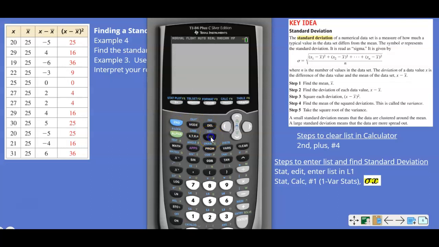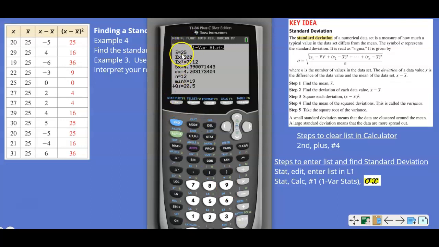Then I'm going to go back to Stat, and this time I'm going to calculate. We've done this for linear and quadratic regression and different types of regression, but now we're going to do number 1, 1-Var Stats. That's going to give us our mean and our standard deviation. You can see it's pulling from list 1, and it's going to give us a whole bunch of data.